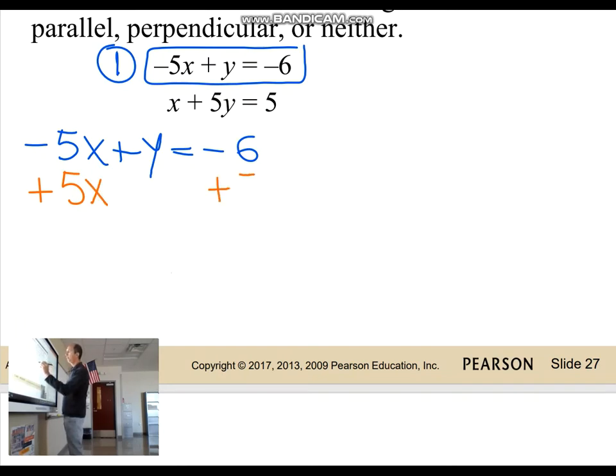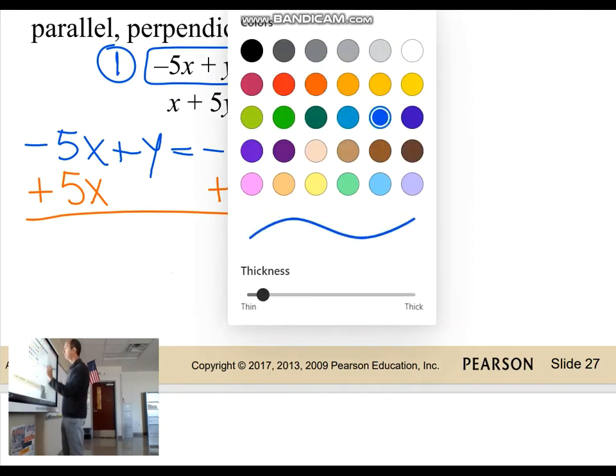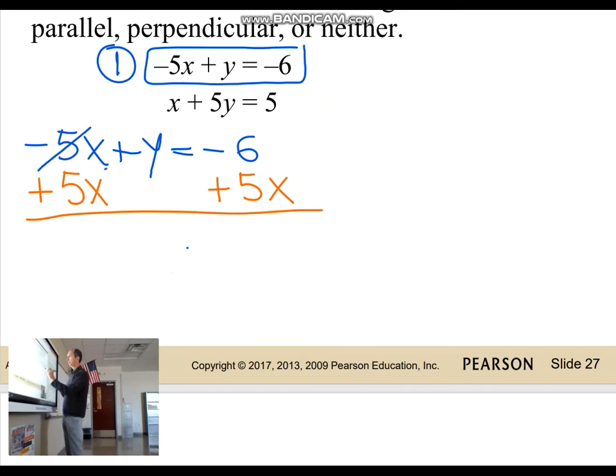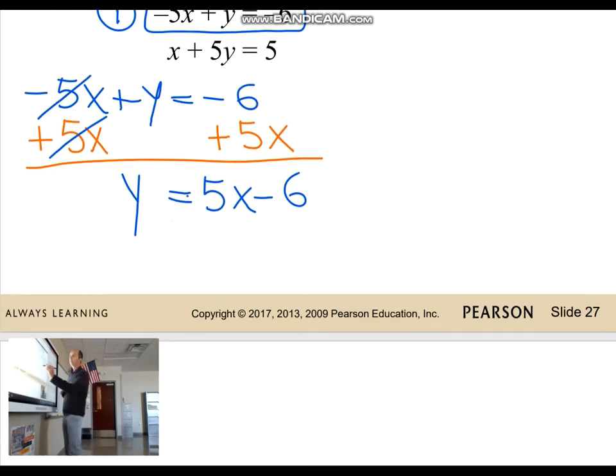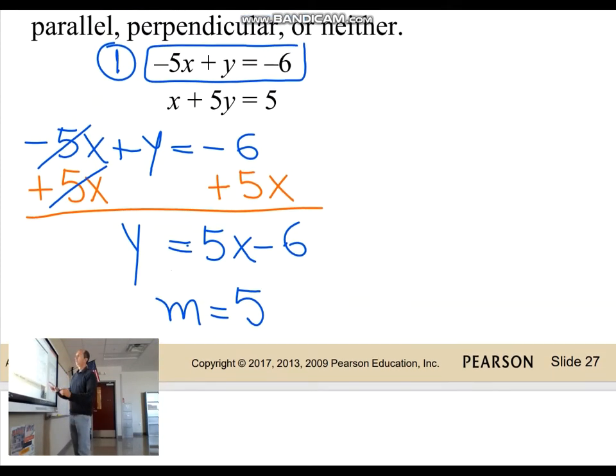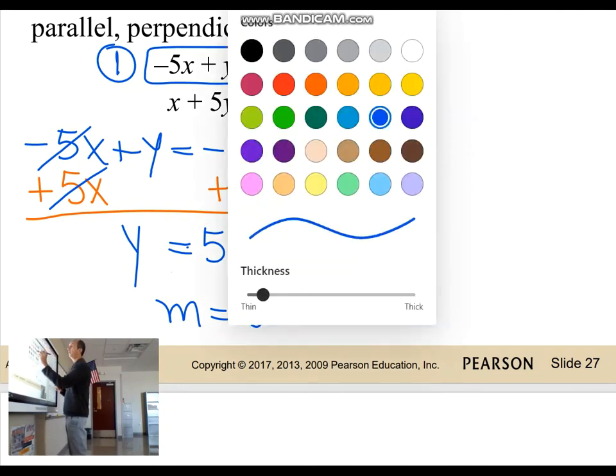So we can add 5x on both sides. Simplify, y equals 5x minus 6, right? The slope here, m equals 5.